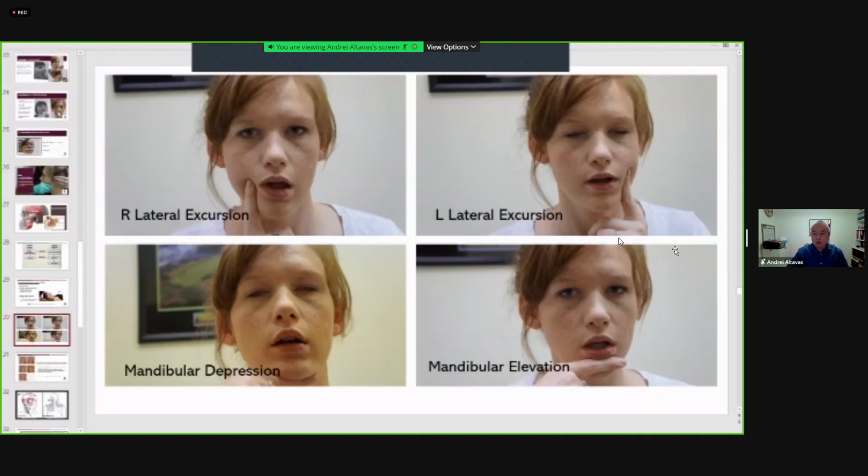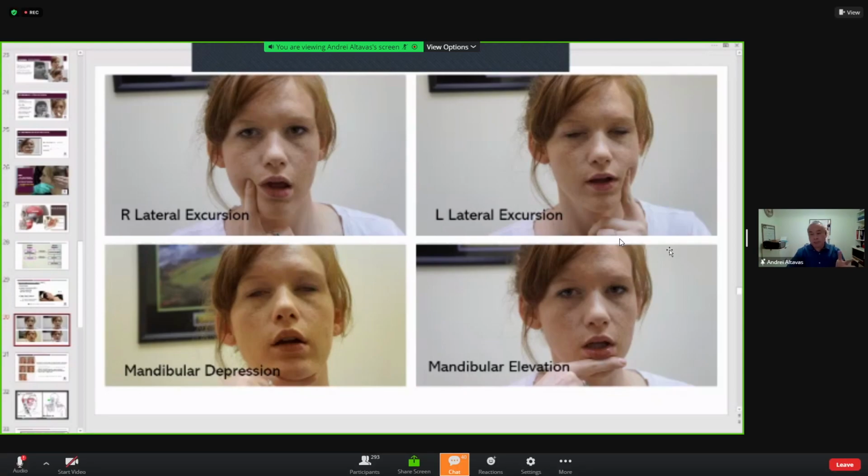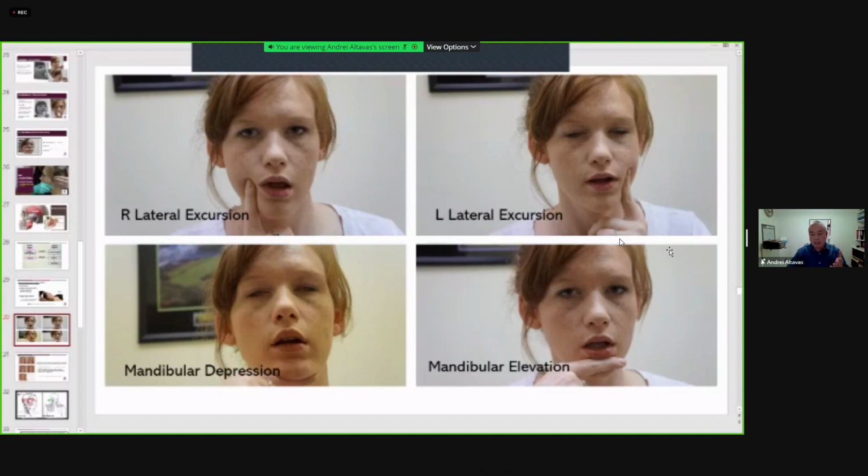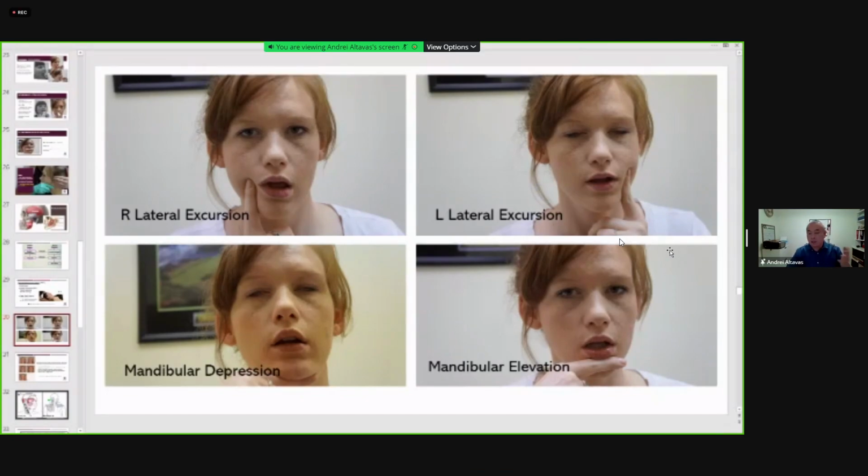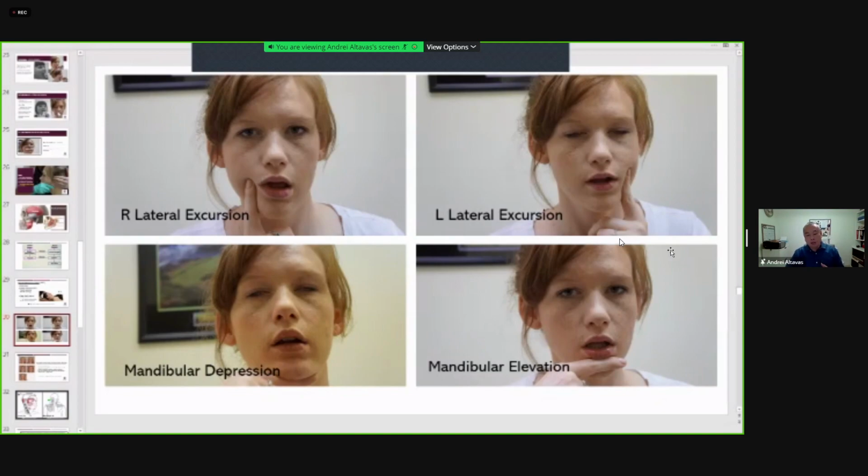All right, we already showed this earlier: lateral excursion, left lateral excursion. A lot of this is all isometrics. So if you're planning on management or giving patients some of these home exercises for strengthening, a lot of times, if they're in pain, they'll have muscle guarding.